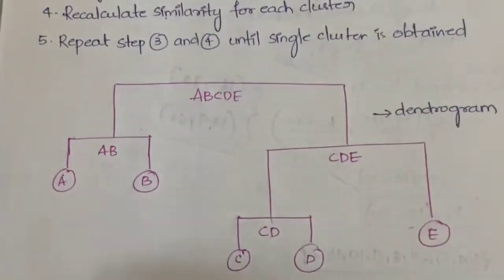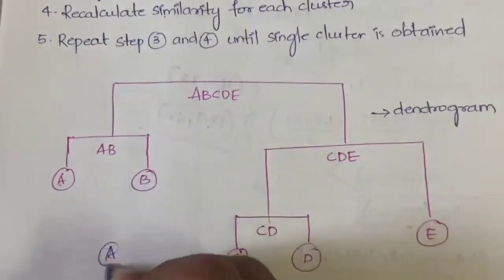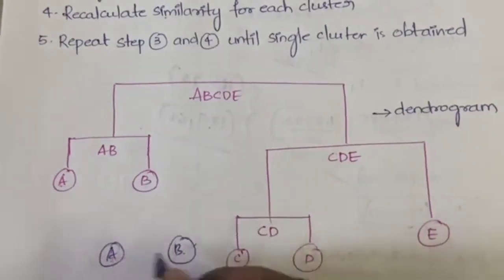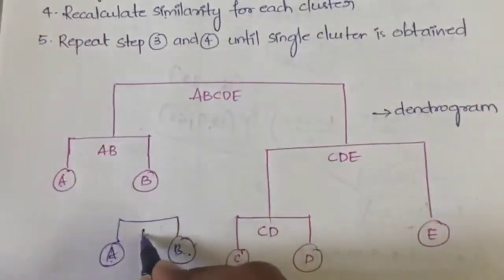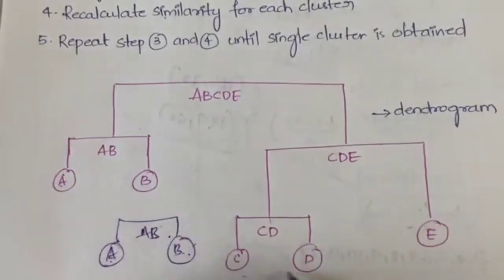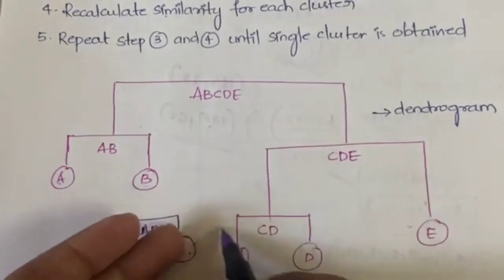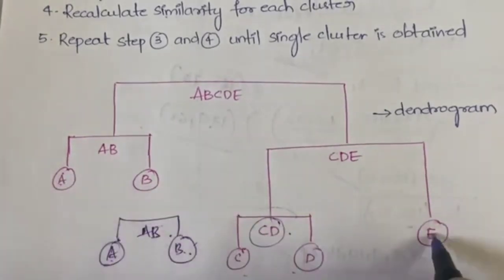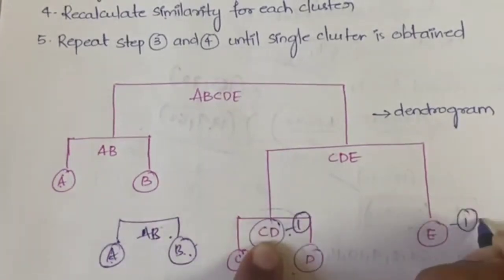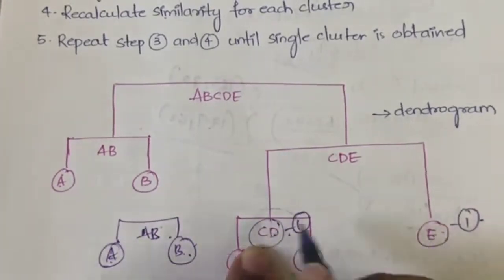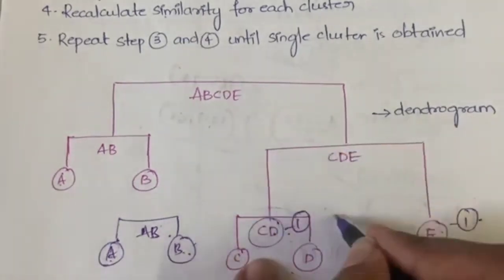So this is the dendrogram example. We have A and B. If I'm going to merge them, we have AB. And then the same with C and D. So we merge them and make one cluster, and E is its own cluster.